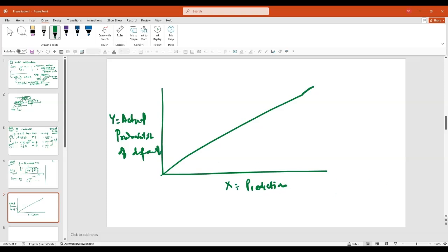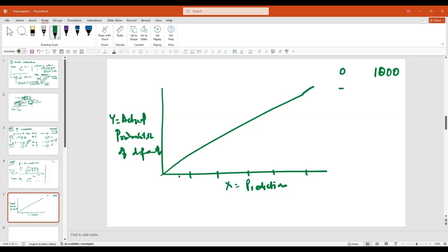Typically you define some score buckets. So if your scores were hypothetically ranging from 0 to 600 or 1000, you bucket them into constant sizes, and then you see within those buckets what was the average prediction that you made, and against that what was the actual probability of default in that bucket.